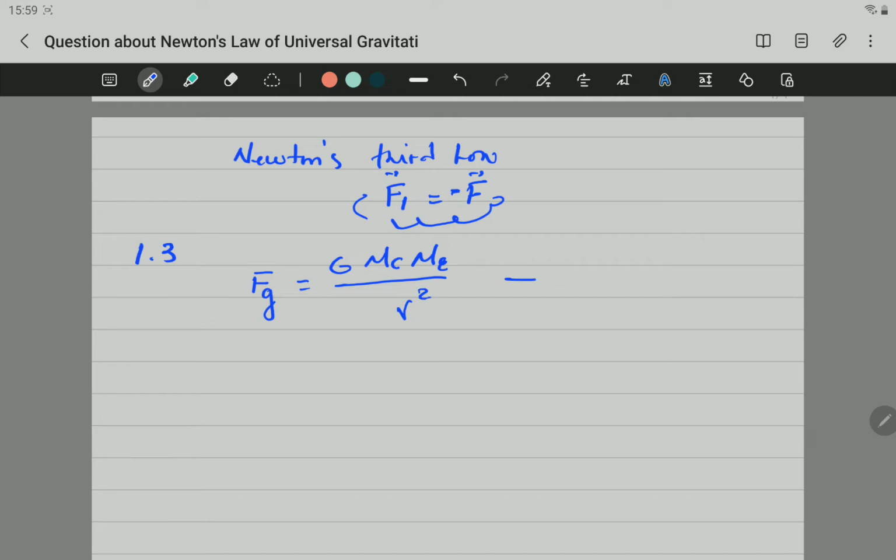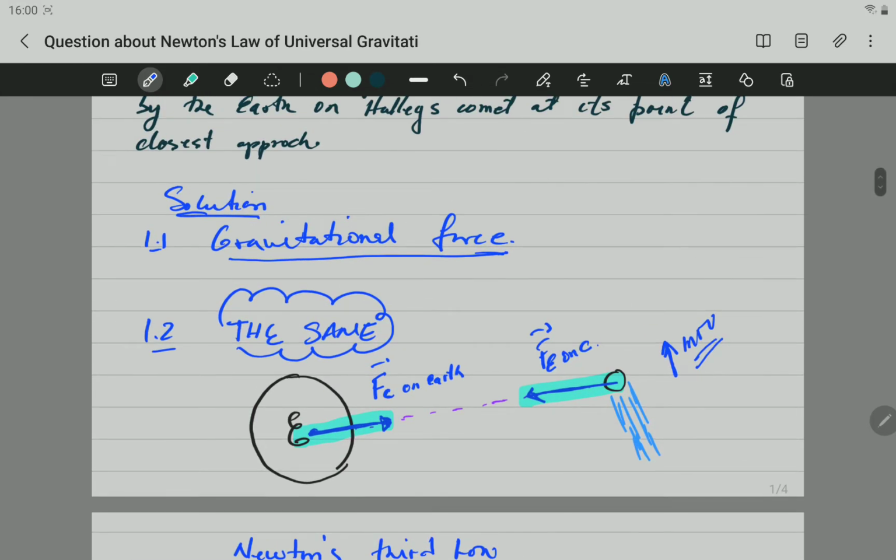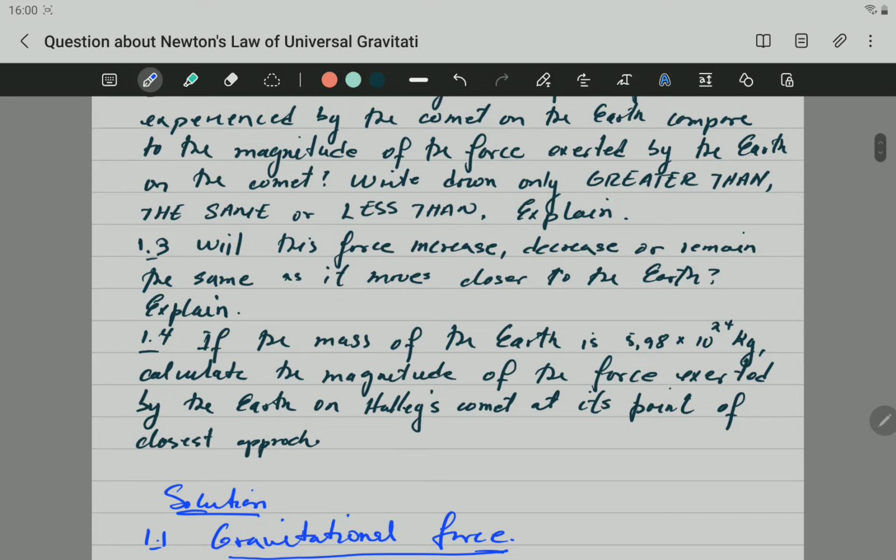From this formula and from the law, you see that this force is inversely proportional to the square of the distance between the centers of the objects. So obviously, if the distance becomes smaller, the force will be greater. The question said, will the force increase, decrease, or remain the same as it moves closer to the Earth?